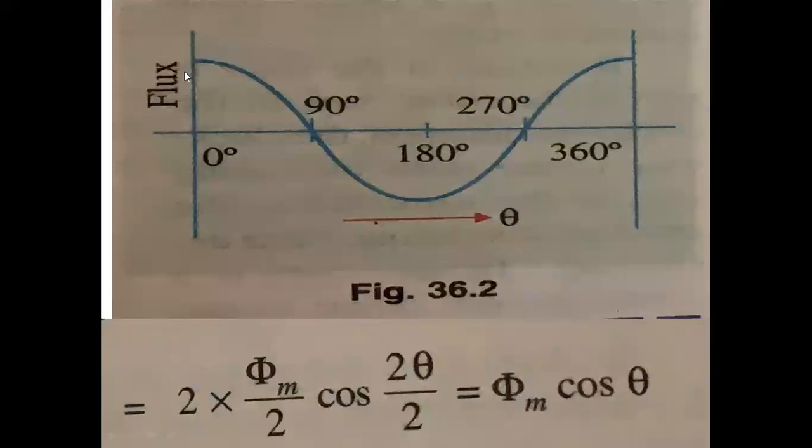If you observe this curve, this is why we say that the alternating flux is the resultant flux, composed of two revolving fluxes, each having half the value and rotating synchronously in the opposite direction.